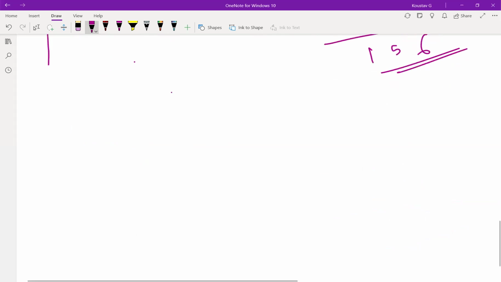Now, when you square a number whose unit digit is 5, you all know the approach maybe. Suppose 15 into 15.